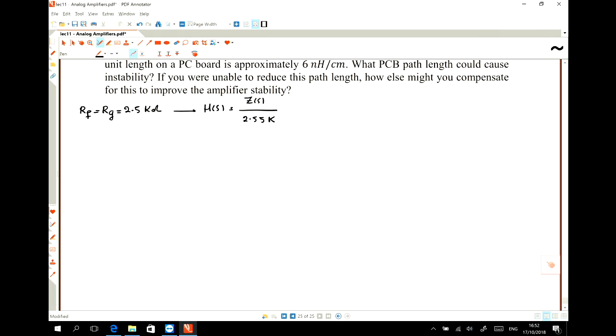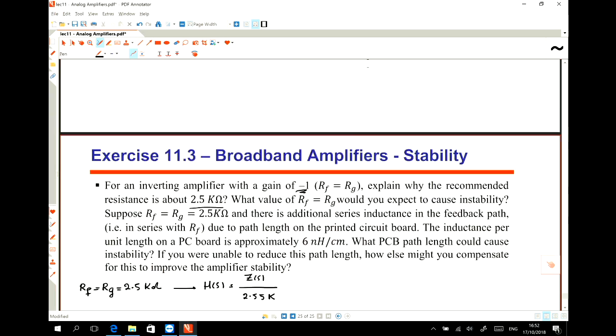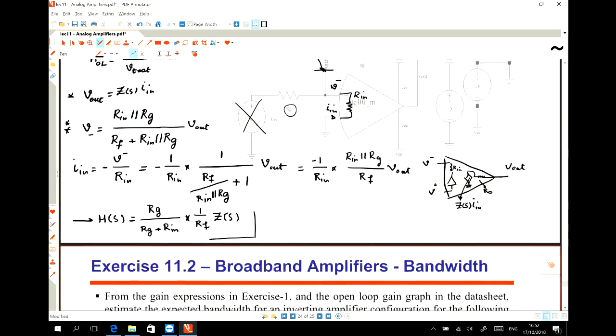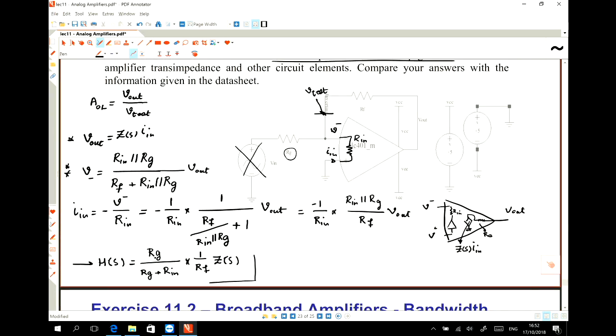Is it clear that it is 2.55? Okay, I just put RF and RG 2.5 and RN is 15.